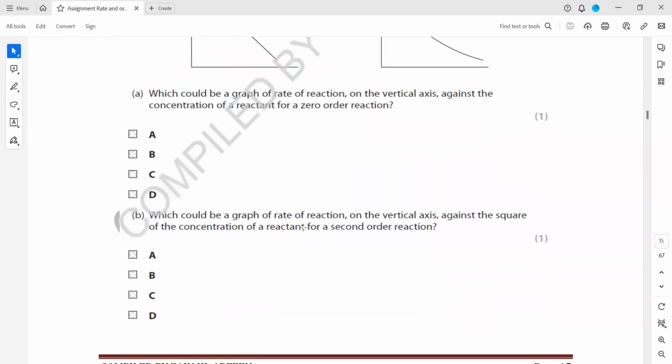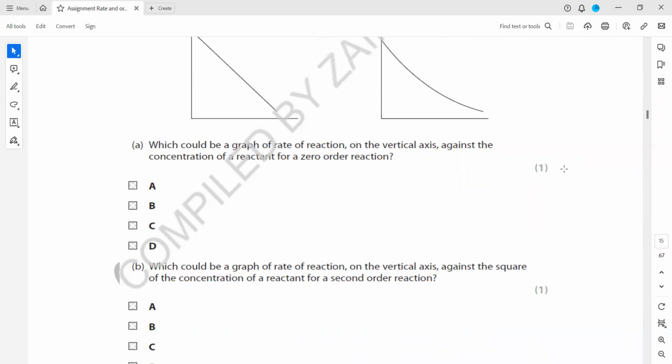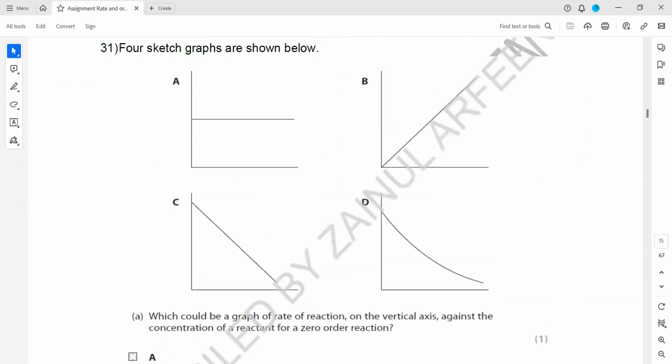Which of the graphs of rate of a reaction on the vertical axis against the square of concentration is for the second order? Look, they're saying square of the concentration.